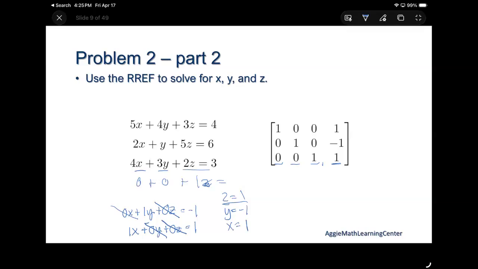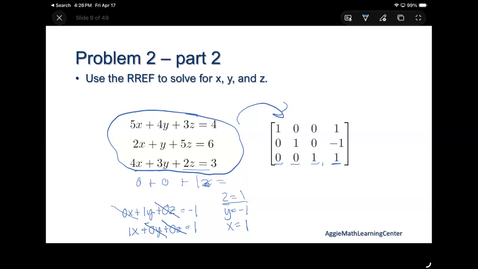There are no other numbers that solve all three of those equations. Because this set of equations generated this reduced row echelon form matrix, these three numbers, 1, -1, and 1, uniquely solve that system.